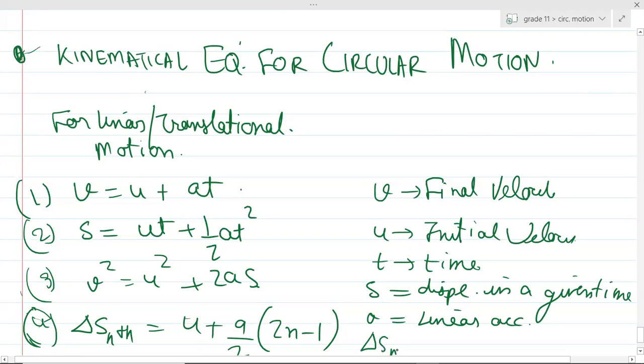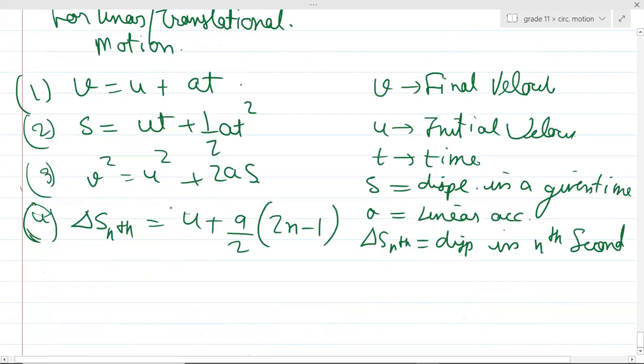And delta S nth was the displacement in the nth second. Everyone remembers this, right? I hope everyone remembers this.